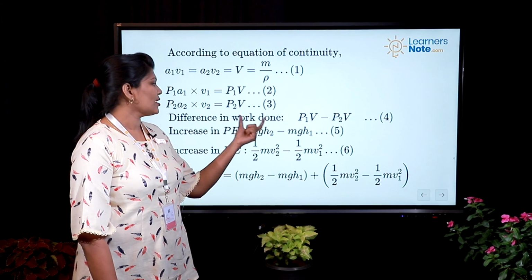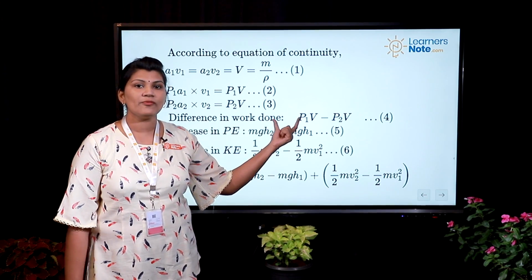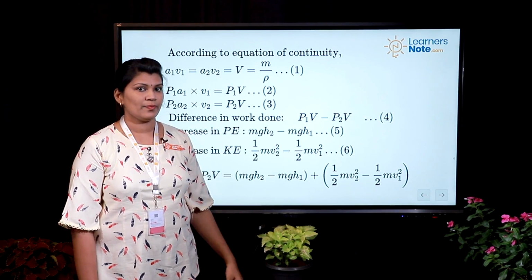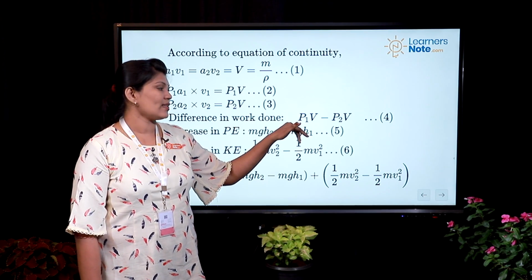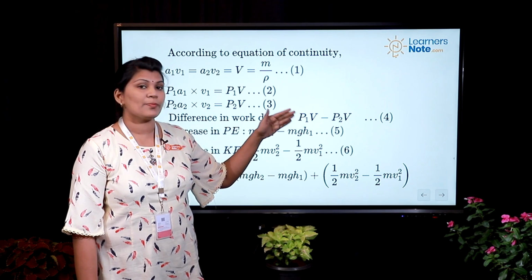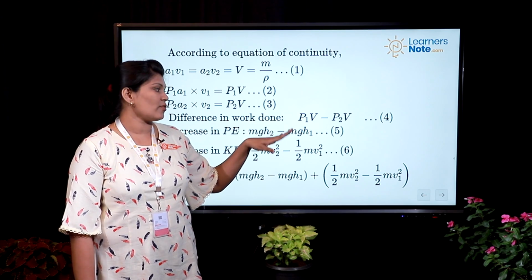Next is about the difference of work done between the first and second points of the tube. At the initial point of that tube, the potential and kinetic energy is provided from this variation of pressure energy.